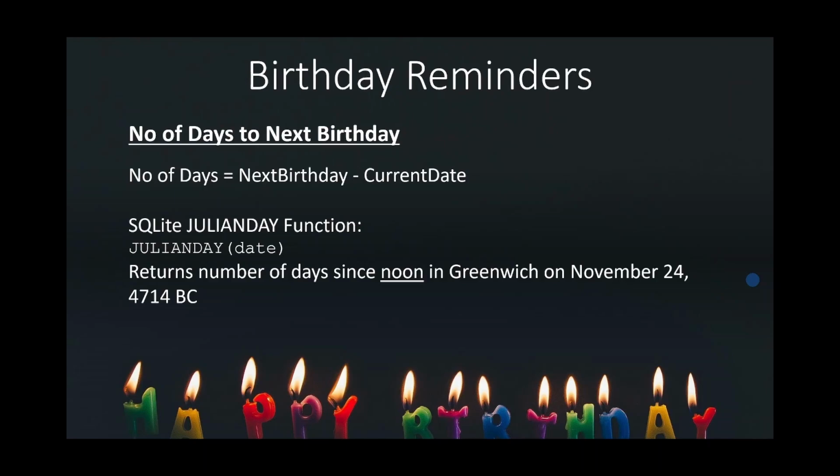SQLite has got a function called Julian day, and that returns the number of days since noon in Greenwich on November the 24th, 4714 before the Common Era. Notice the noon in this. That's going to cause a minor problem.